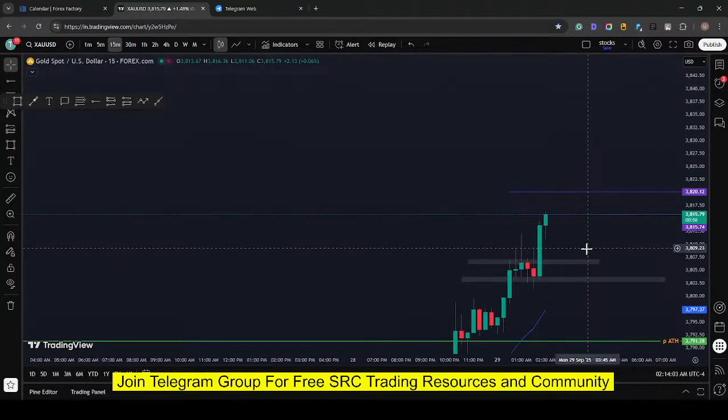This is difficult for me. Anything can happen. Price can steadily move back up. And see, it is pushing up.